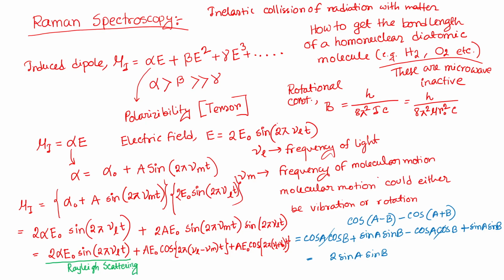And there are two other things, these are known as Raman scattering, out of which this is known as Stokes Raman scattering, and this is known as anti-Stokes.